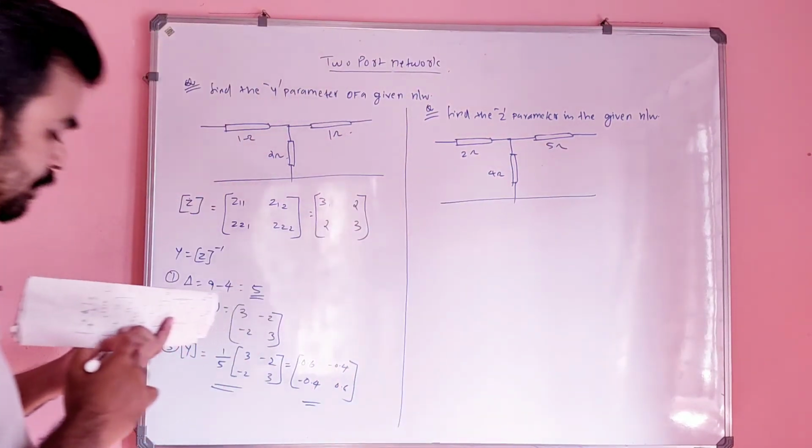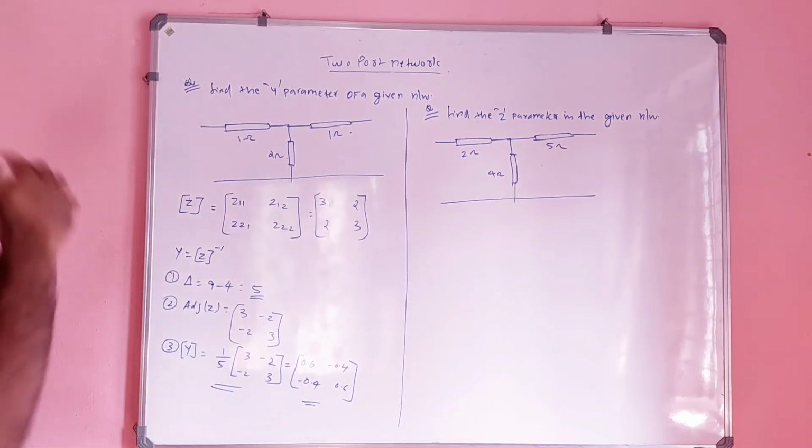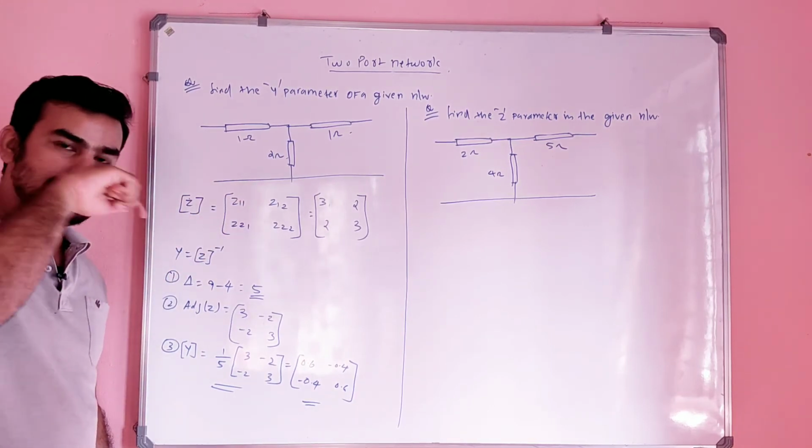You have to find the Z parameter in the given network.